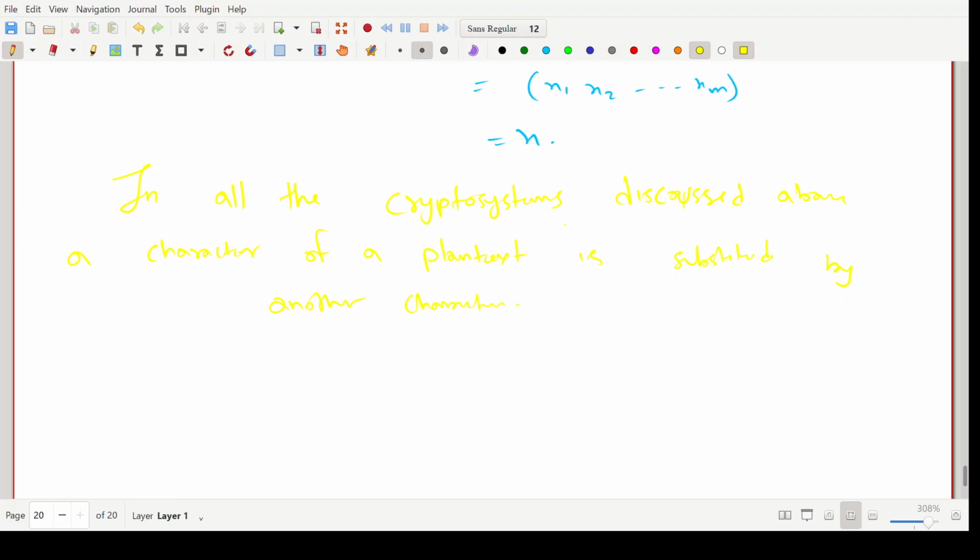It may not belong to the same set. That's why it is called substitution cipher.